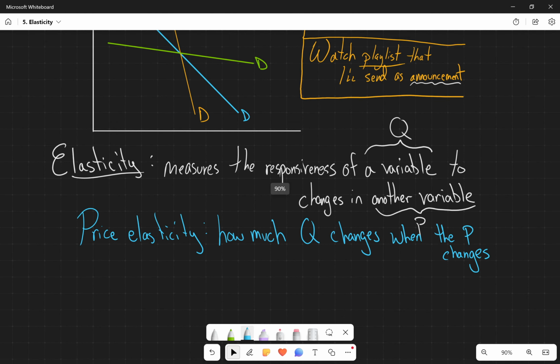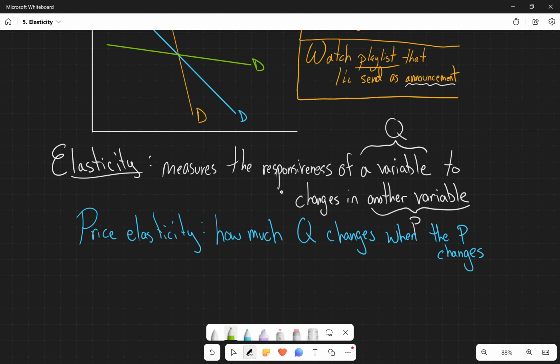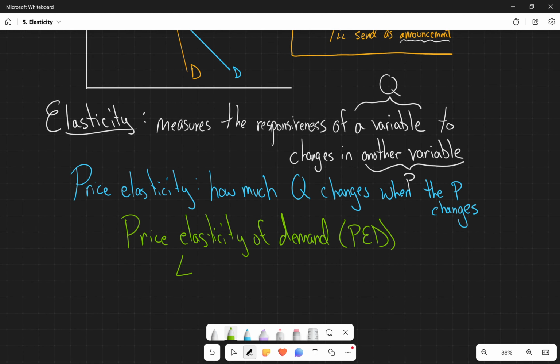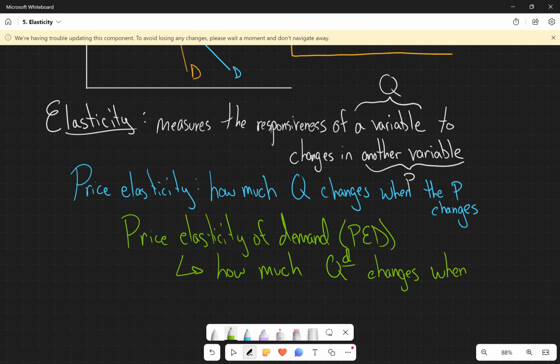Zooming in even further, price elasticity of demand, also known as PED, measures how much our quantity demanded changes when our price changes.